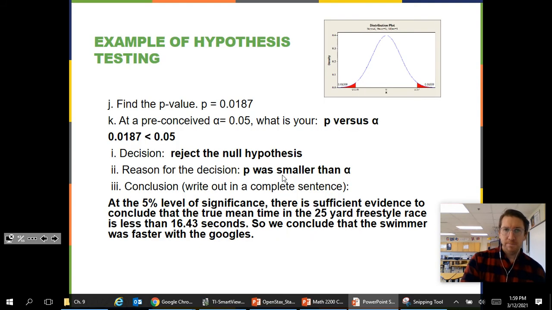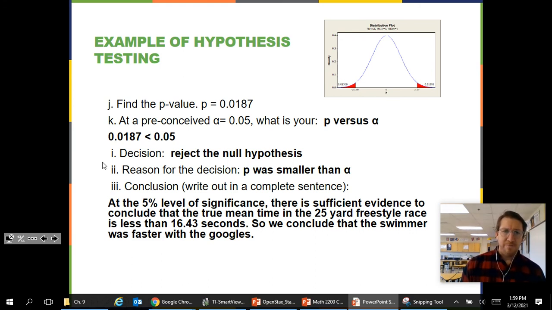Therefore, we take that number and compare it to our alpha of 0.05, and it is less than 0.05. So we are far enough into the tail region that we reject the null hypothesis. The reason is P was smaller than alpha. And here's our conclusion. These conclusions all kind of look the same.